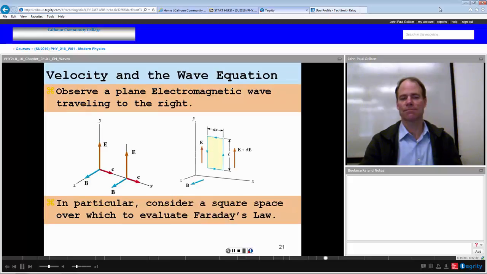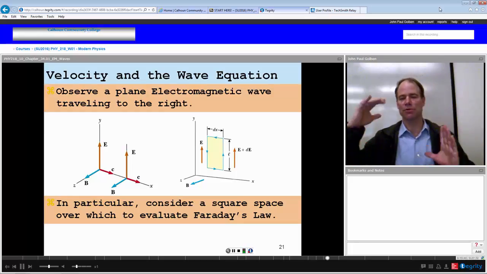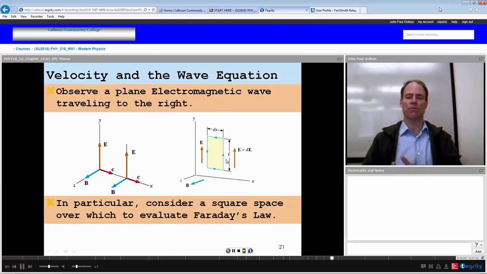Consider this. This electromagnetic wave is moving along, and the electric field vector is going to pass through a certain area. And if we were to evaluate Faraday's law over this square, then we would evaluate the electric field over the perimeter of the square. On the right-hand side here, the electric field will be in the same direction as our ds.